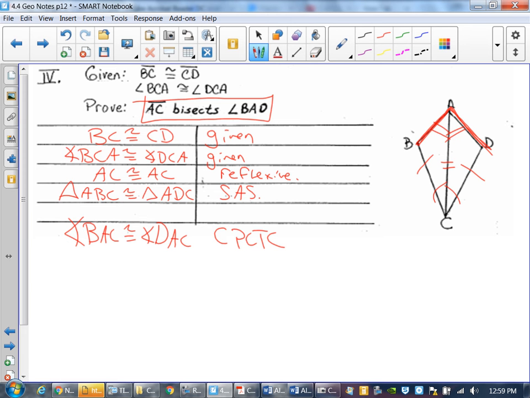So thinking about what an angle bisector does: an angle bisector cuts an angle into two congruent angles. Well, if you say that backwards, if two congruent angles are formed by a segment cutting through them, then it was an angle bisector. So now we have shown that they've been bisected. So all you have to do is this.